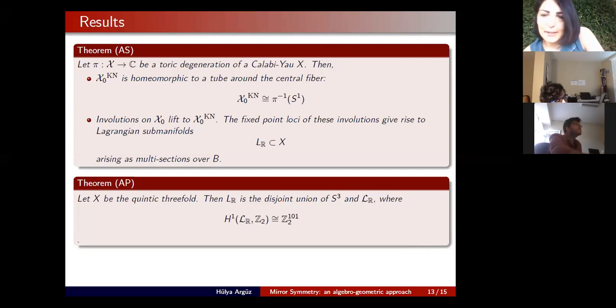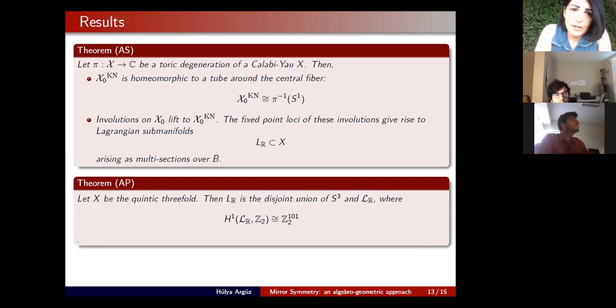So the thing is, the Kato-Nakayama space is only a topological space. I said involutions and real Lagrangians, so there are things I need to explain here. And that's a very good question, so I'm happy to explain them.